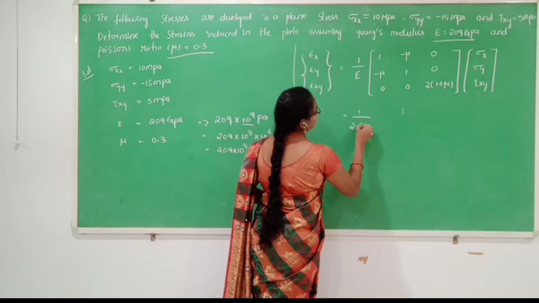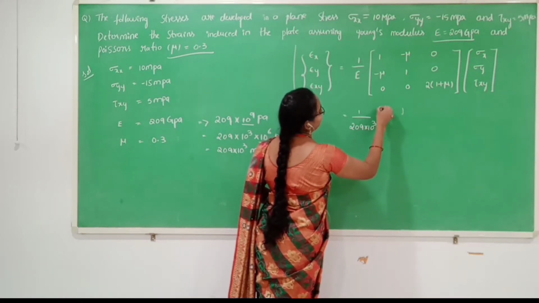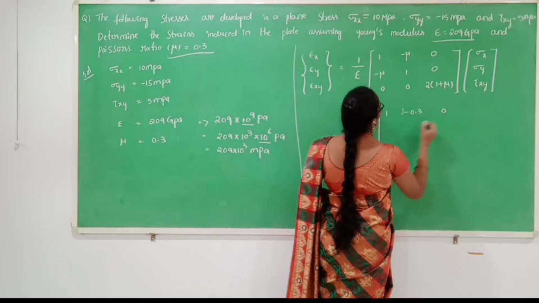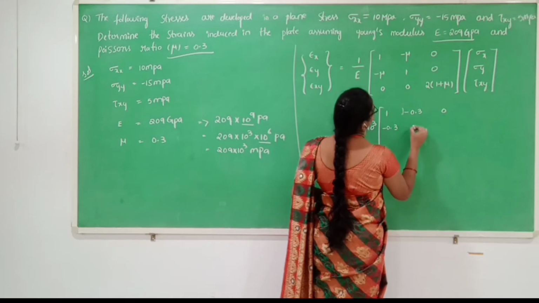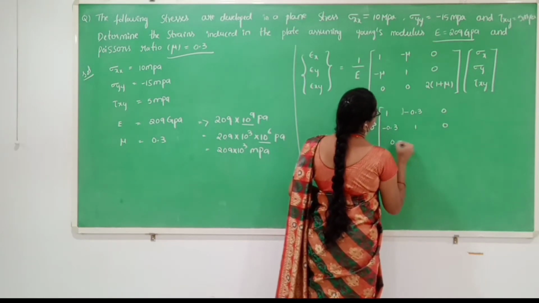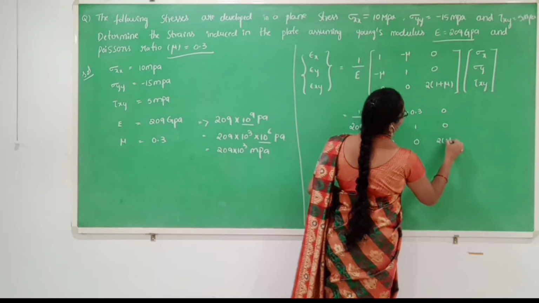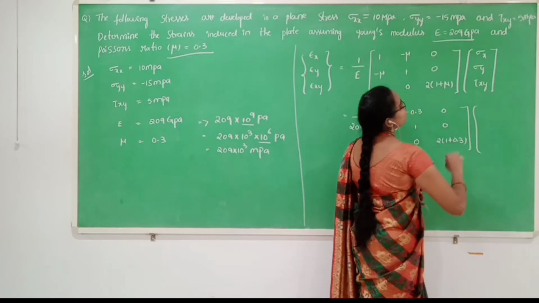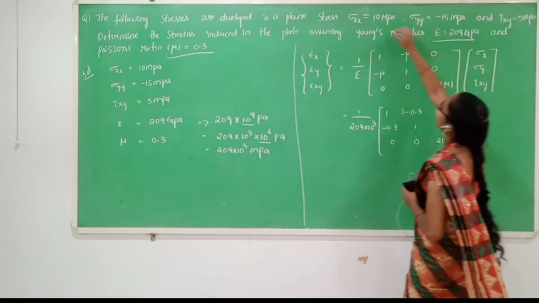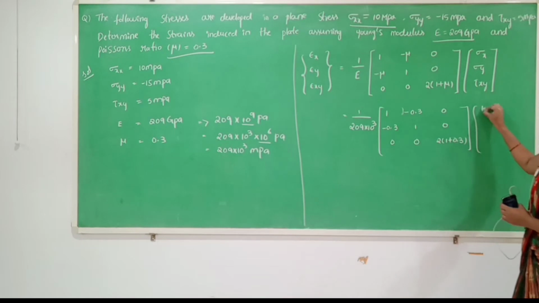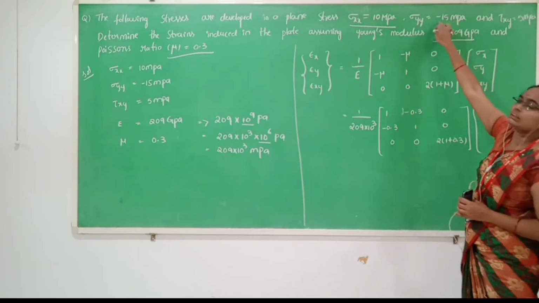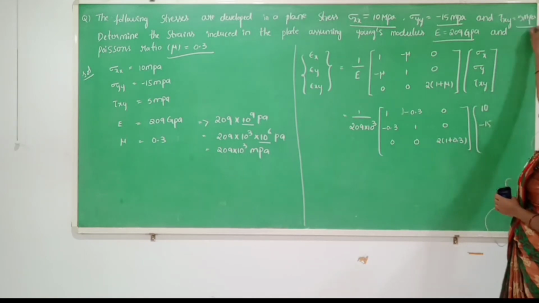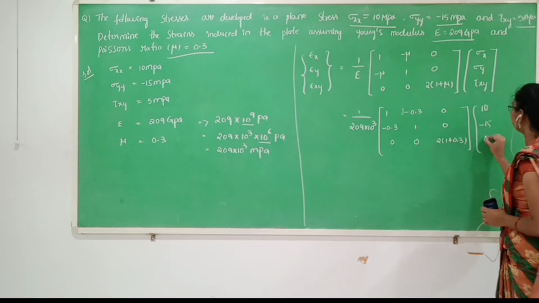The matrix is 1 by 209 into 10 cube times the matrix [1, minus 0.3, 0; minus 0.3, 1, 0; 0, 0, 2 times (1 plus 0.3)], multiplied by the stresses: sigma xx is 10 megapascal, sigma y is minus 15 megapascal, and tau xy is 5 megapascal.